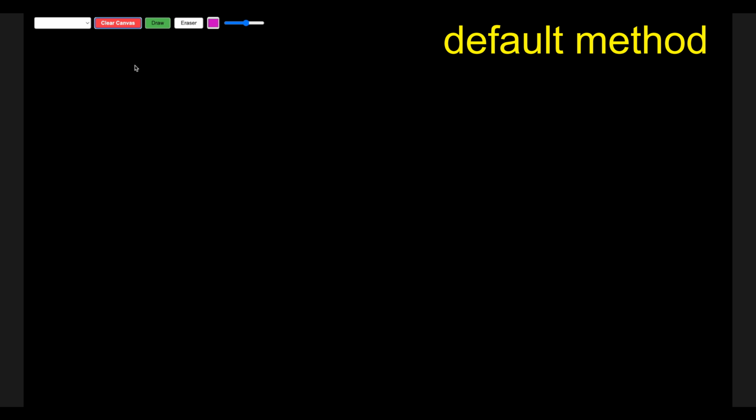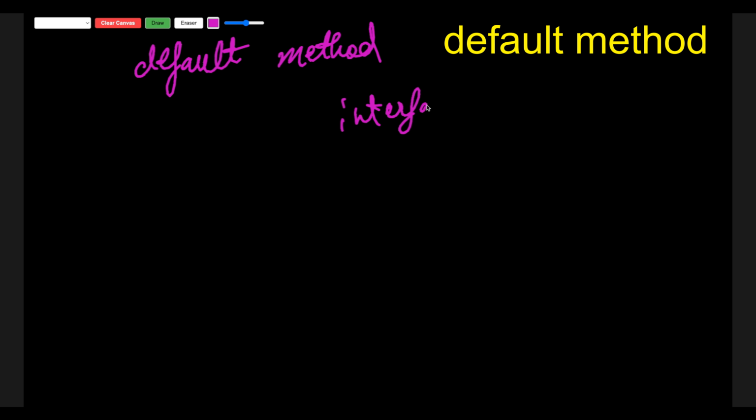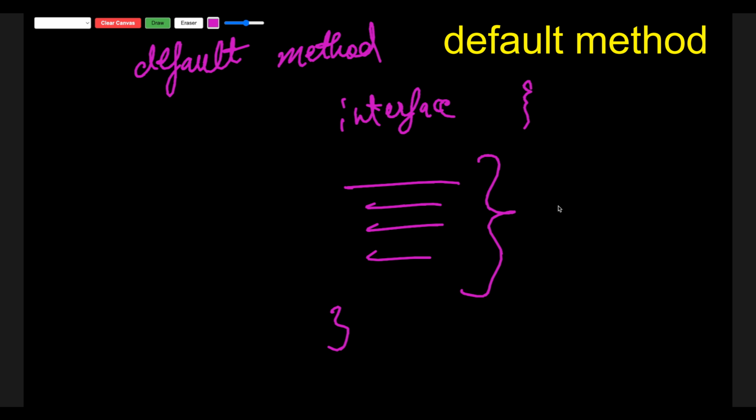Now let's discuss the second method, the default method. Before Java 8, you could only define abstract methods inside interfaces. So basically inside the interface, you only have abstract methods. If any class is implementing this particular interface, then it has to implement all of these methods.